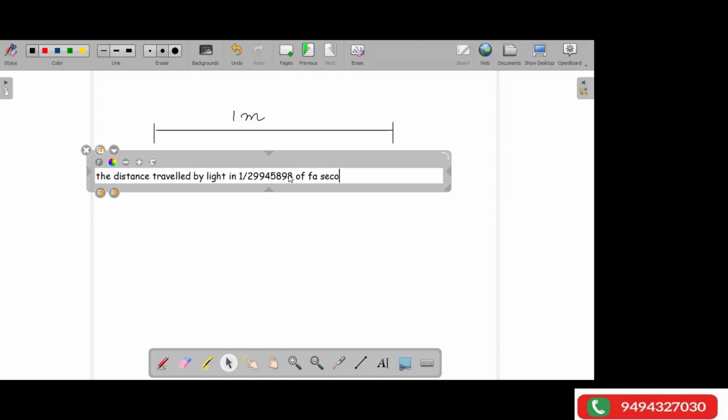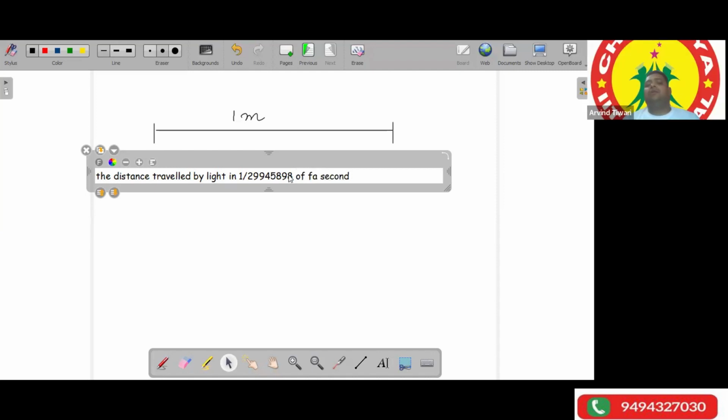So the quantity which you see in the denominator, 299,458,798, this is the speed of light. So the distance traveled by light in this much of a second we will call 1 meter in vacuum. So see, earlier the distance was defined in various other terms.